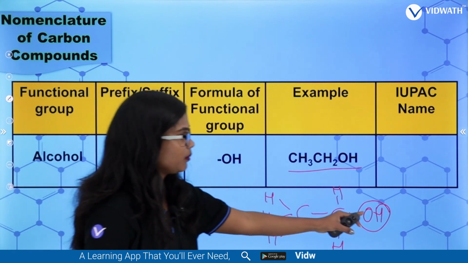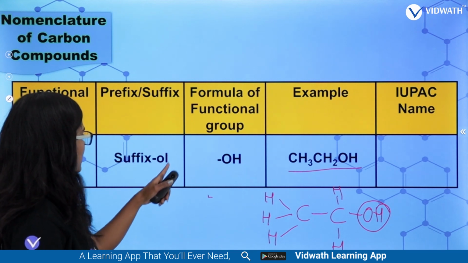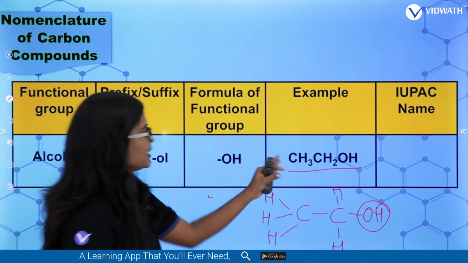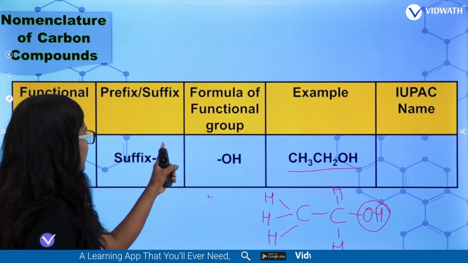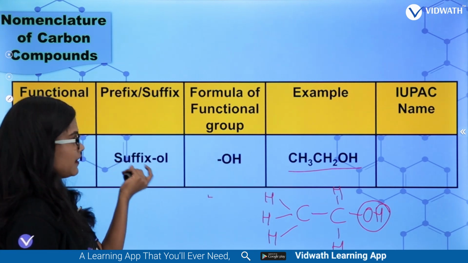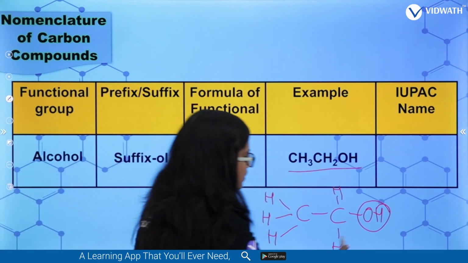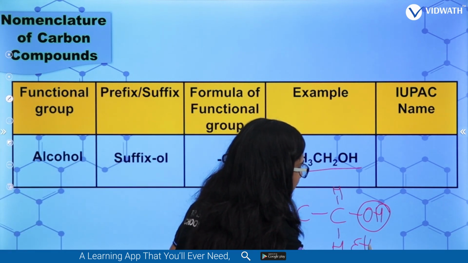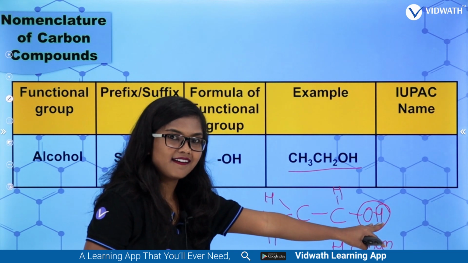Okay. How do we name a compound containing this one? We use "ol". So for this chain, we use this OH as a suffix, "ol". How many carbon do we have? 2. So obviously it will be eth, as in place of hydrogen OH is there. Clear?